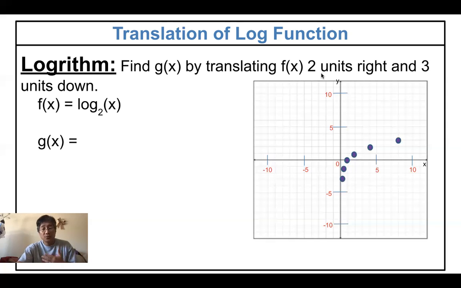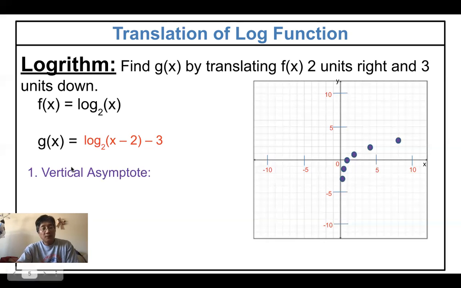Positive plus 2, but it's opposite. So you write down the function x minus 2, but 3 units down, y is the same. Down means negative, right? So minus 3. Make sense? And you put the function in, but before you get the table, first you should draw the vertical asymptote.